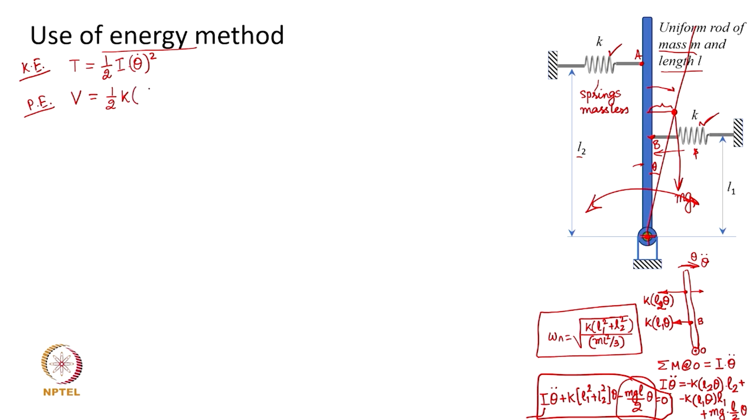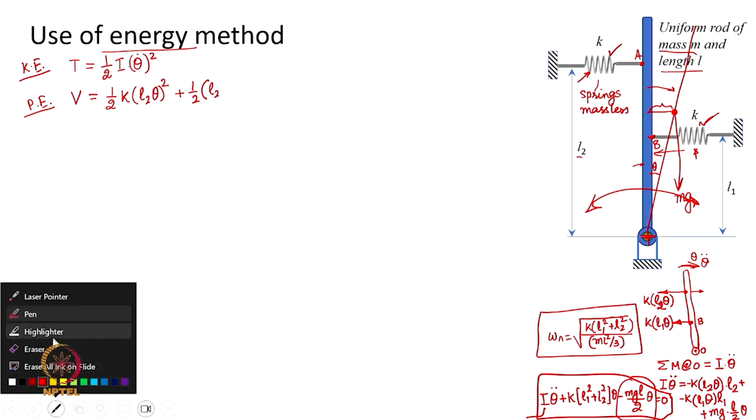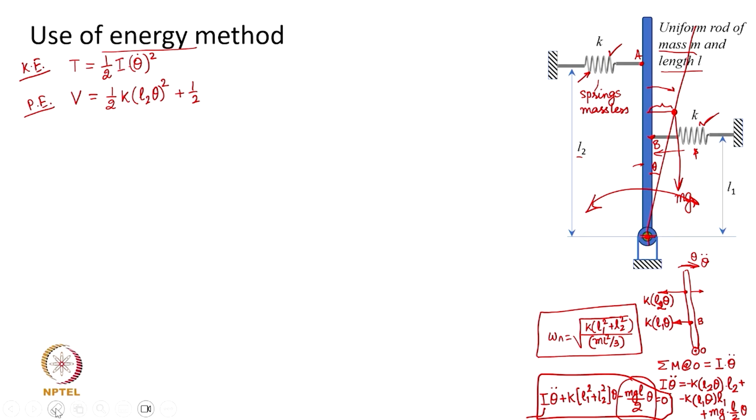In this case the elongation in the spring is L2 into theta, located at L2 distance from the hinge. So, the square of this basically is the strain energy of the first spring. The strain energy of the second spring is similarly half K into L1 theta whole square.